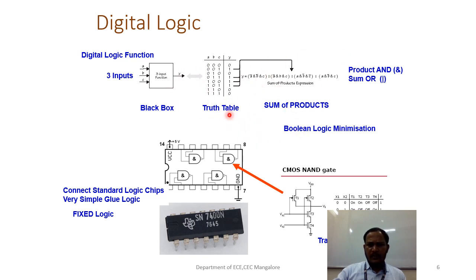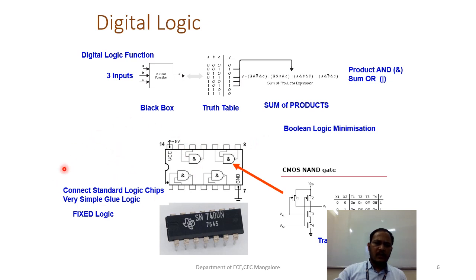After that you minimize the boolean expression, either as product of sums (POS) or sum of products (SOP). Then you draw the circuit diagram, connect the wires wherever required, and execute it in the logic design lab.